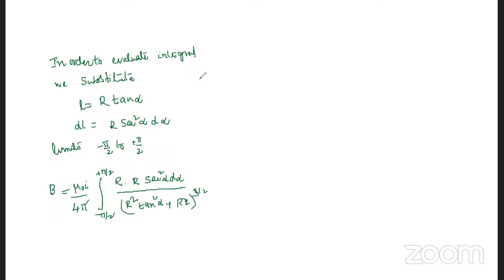So if you continue, we get mu naught I by 4 pi, limits from minus pi by 2 to plus pi by 2, R square secant square alpha d alpha divided by, if you take R cube outside, inside you have 1 plus tan square alpha whole to the power of 3 by 2.